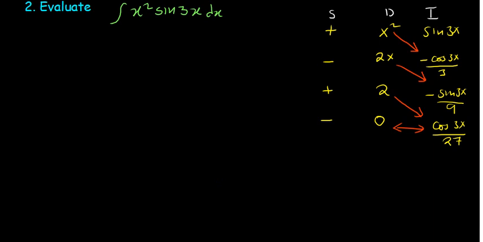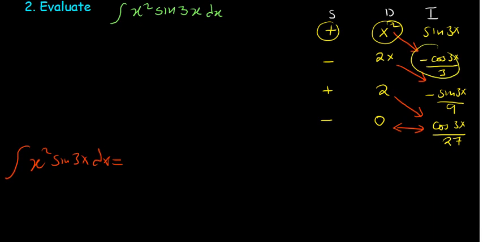So now I'm going to write the integral of x squared sine of 3x dx is going to be equal to, I'm going to multiply: there's a positive x squared times that is going to give us negative x squared, and then cos 3x divided by 3.